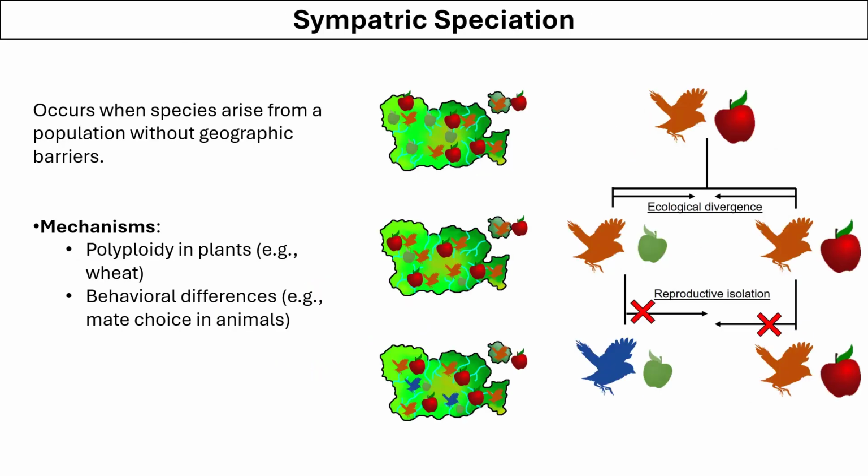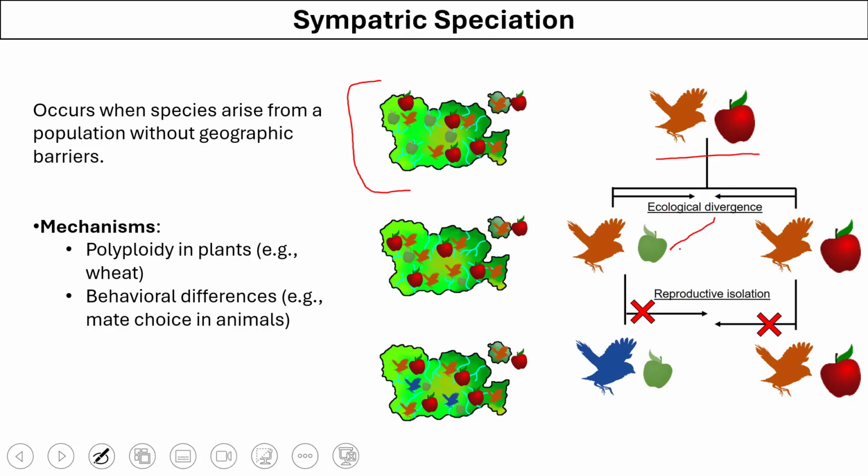The next kind of speciation is sympatric speciation. What happens is a population living in the same geographic area somehow becomes different from the rest of its population. For example, let's say there's a bird that used to feed on apple, but something happened that some members started feeding on one kind of fruit and the others kept feeding on the previous kind of fruit.